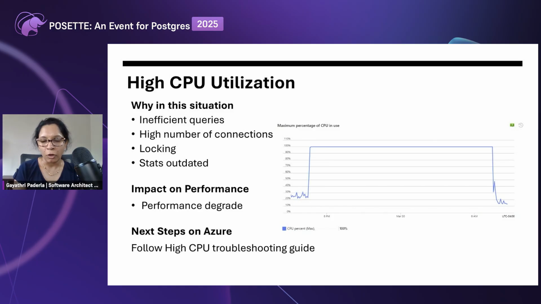Coming to heavyweight locks, if there are too many locks happening, you could optimize and see how you can clean up those locks and progress further, and you could do that by optimizing your queries again. If your PG stats are outdated, where the optimizer is not able to pick the optimal plan, that also causes the issue. So run an analyze command and get your PG stats updated.